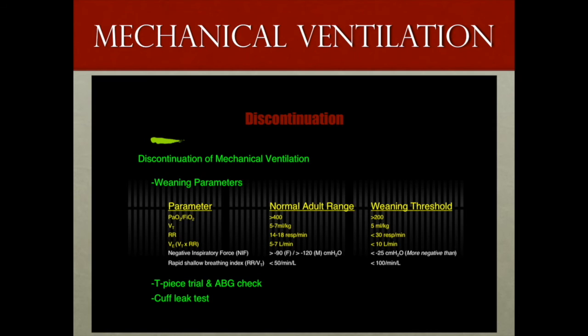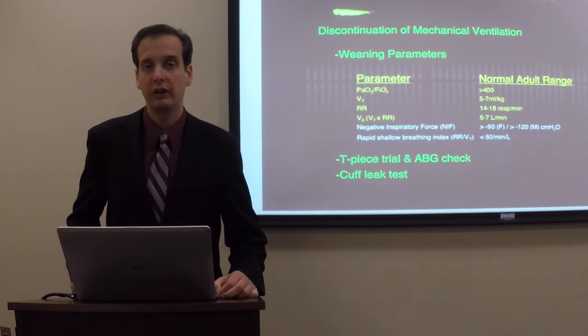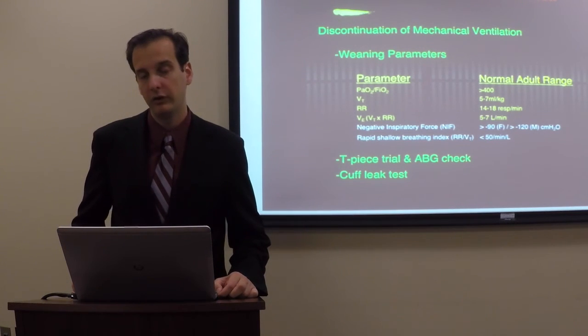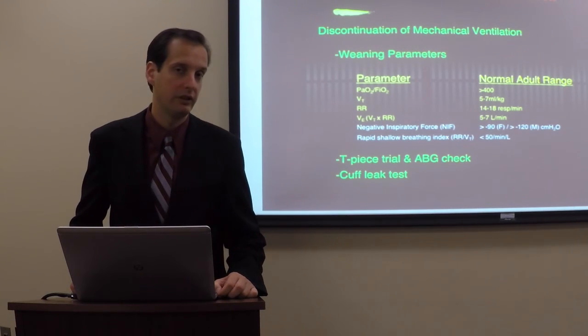If the patient has been intubated for a long time and there is a risk of tracheal edema or tracheal stenosis, you may also need to do a cuff leak test, meaning that you deflate the balloon on the ET tube cuff and listen for air moving around the tube. And if you hear air moving around the tube, that is good. That means that there is not swelling within the airway.